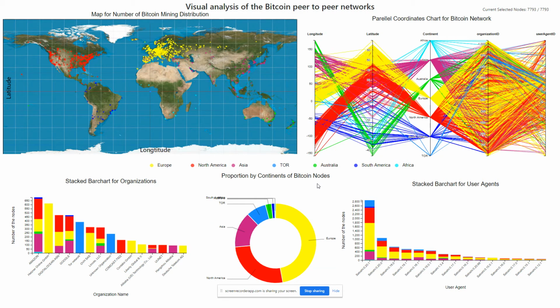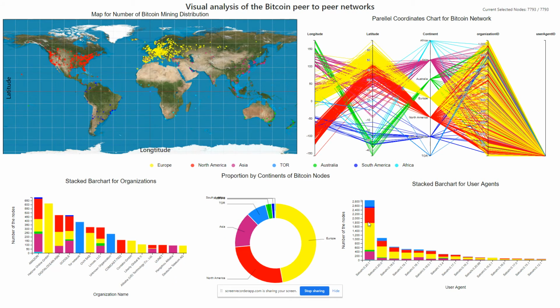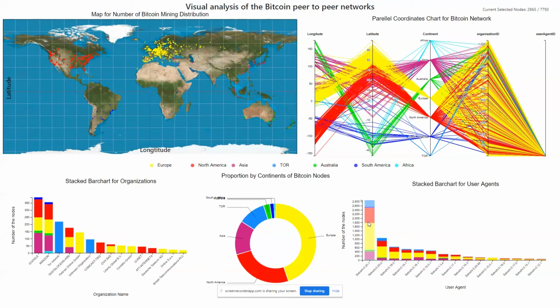Now we can also move over to the stacked bar chart for the user agent. You can see that there's not much difference. If we look at before and after on the continent side, we don't see much difference. In fact, they are almost identical, which is a really good indication that most of the nodes on the network are pretty diligent.